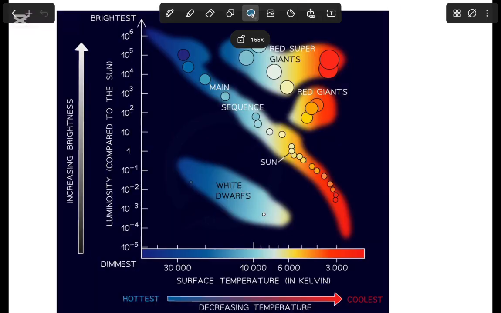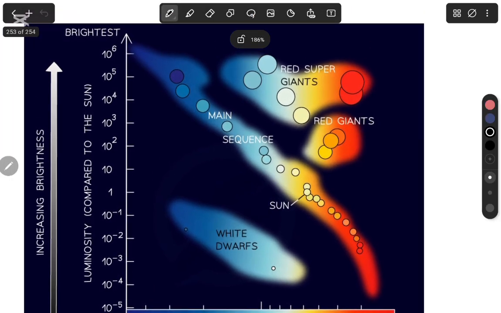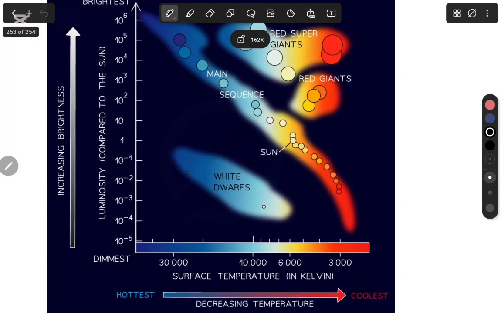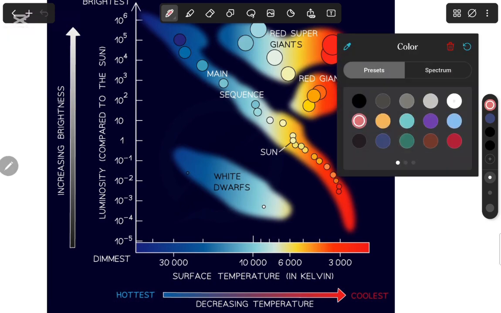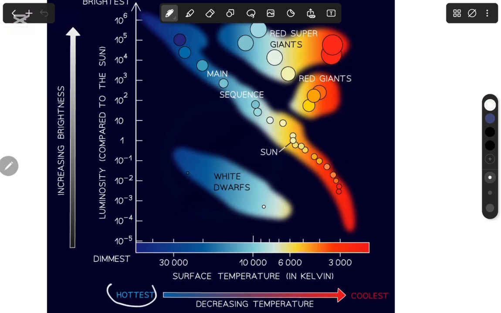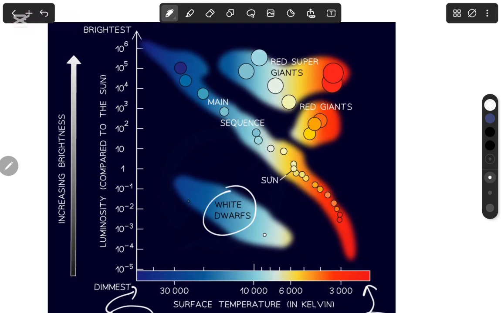Okay. So here's a graph from Save My Exams, and it's actually pretty good with everything given to you. You can see that we're going from hottest here to coolest here, and this is the white dwarf. This is the Sun here at around 6,000.